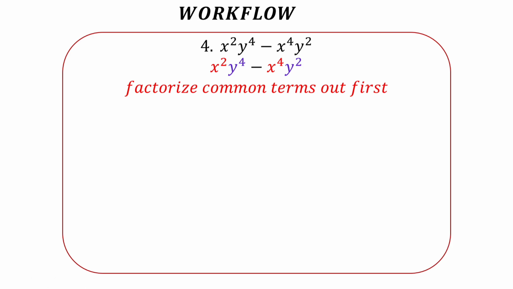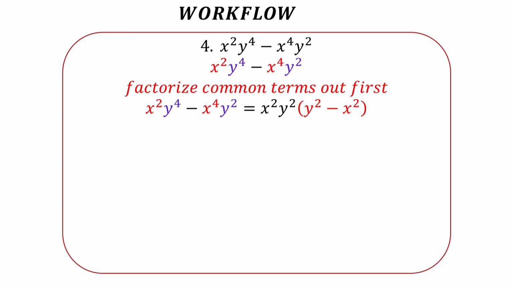So we have to do that, and the reason is that it makes our work easier. Remember the goal is to factorize, but sometimes you don't just begin to use the difference of two squares, right? I mean, we can decide to use difference of two squares right from the start, but that will probably make the work a bit difficult. So what we are advised to do is to first check if you can factorize common terms out before you proceed.